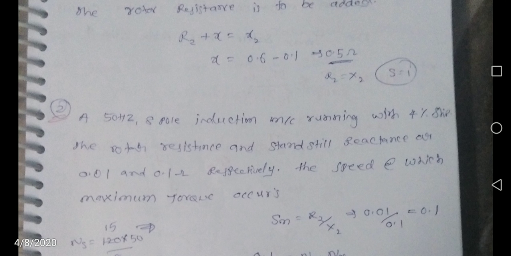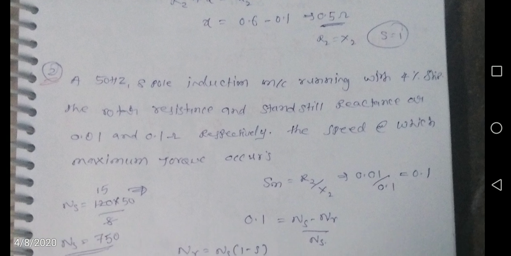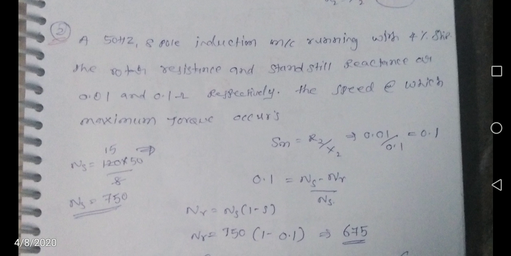R2 by X2 equal to 0.01 by 0.1, the R2 value and X2 value, so the slip is 0.1. Slip is Ns minus Nr by Ns. Here the Ns value is 750 and Nr equal to Ns into 1 minus s.